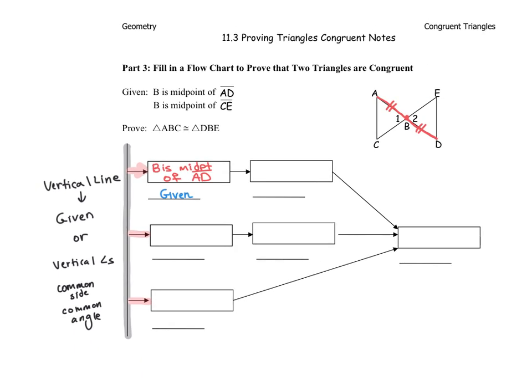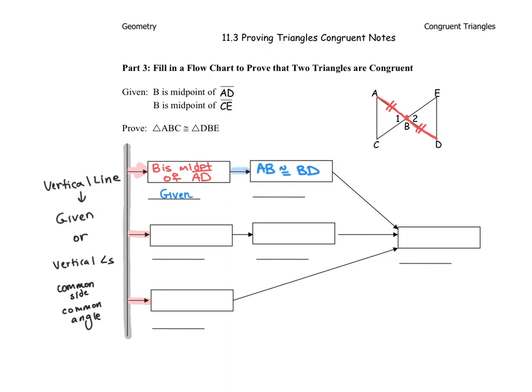Now, if B is the midpoint of AD, that means it cuts it into two equal parts. See how they are connected? B is the midpoint of AD, so AB is congruent to BD. That's the statement. This is what I can get from that, so that's why they are connected.